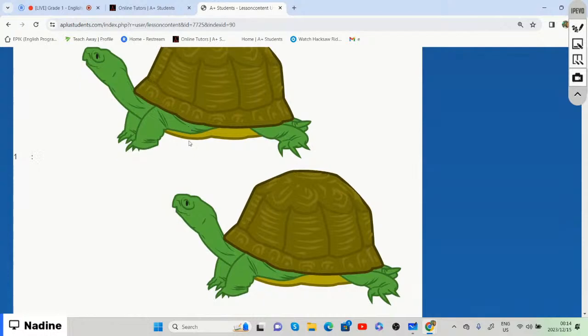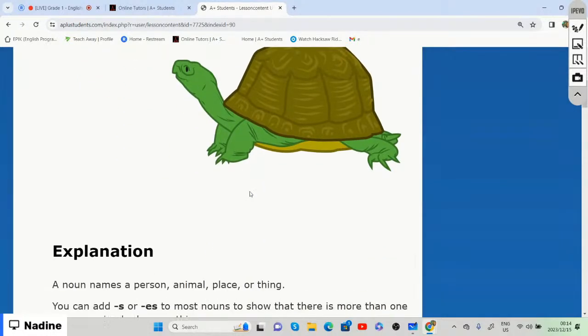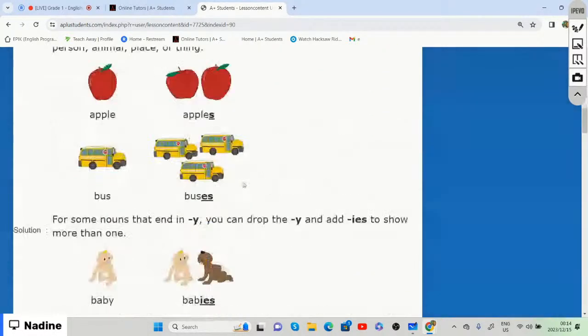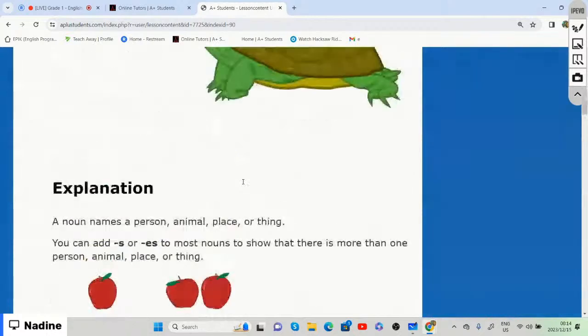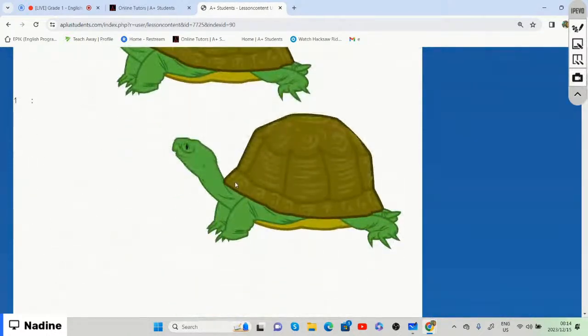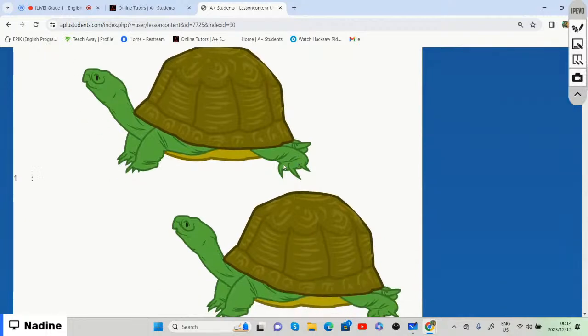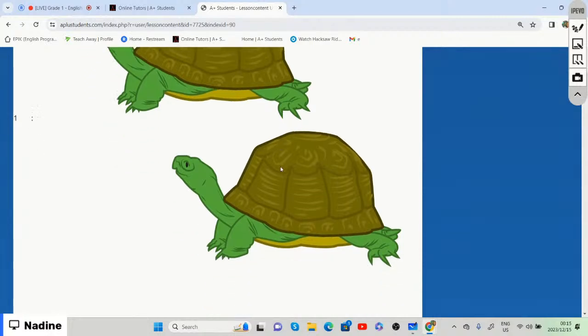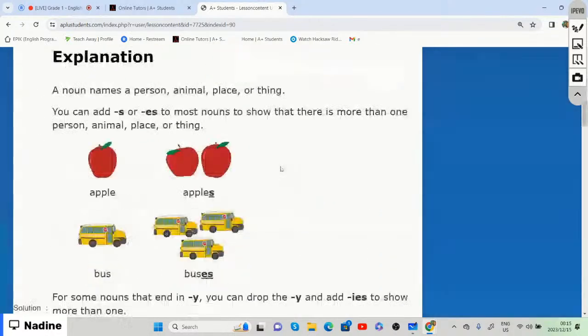There's one, there's two, so it's two of what? What do we see here? So it's basically two tortoises or turtles.